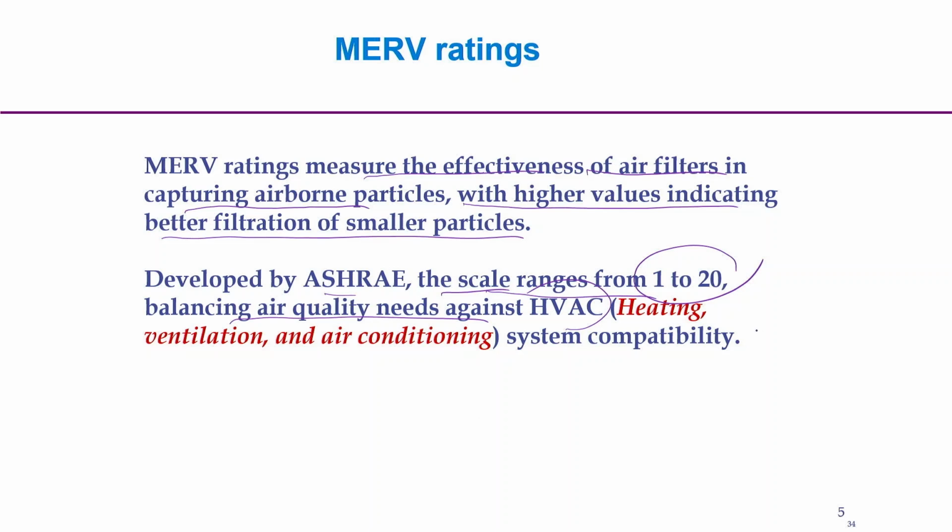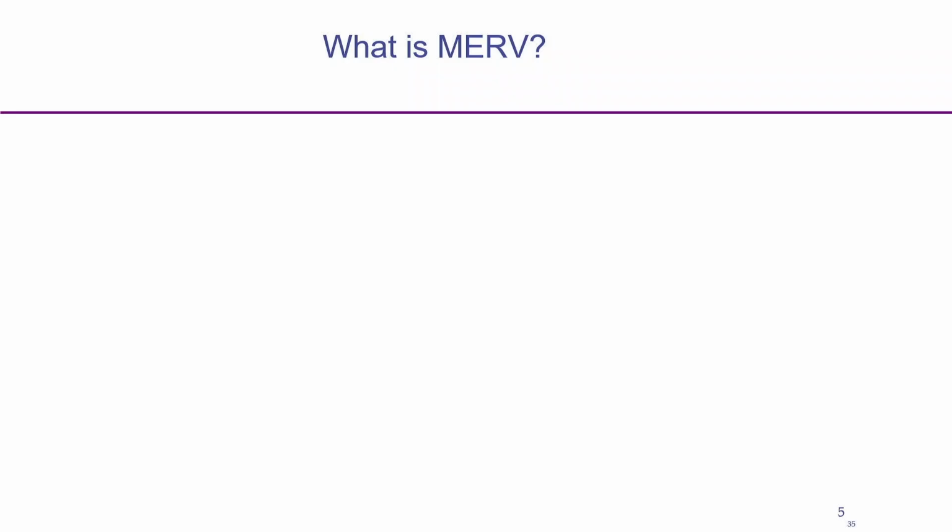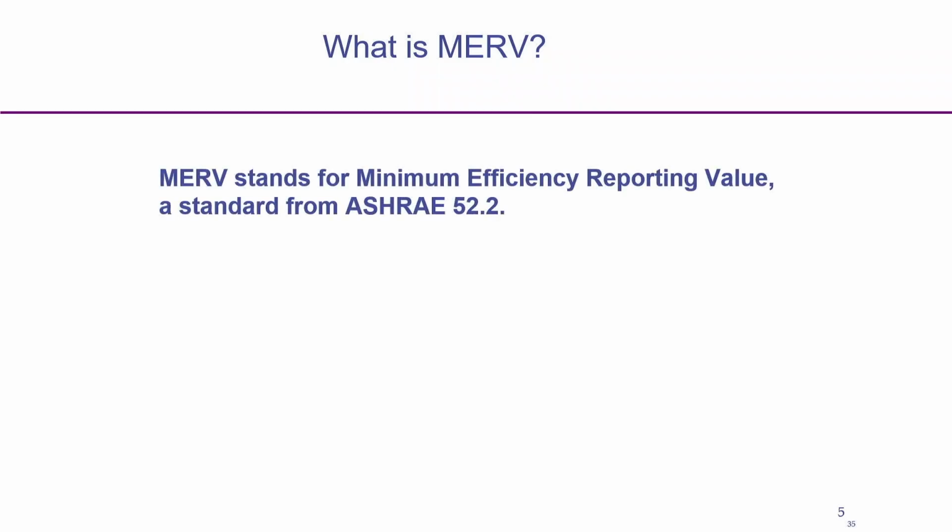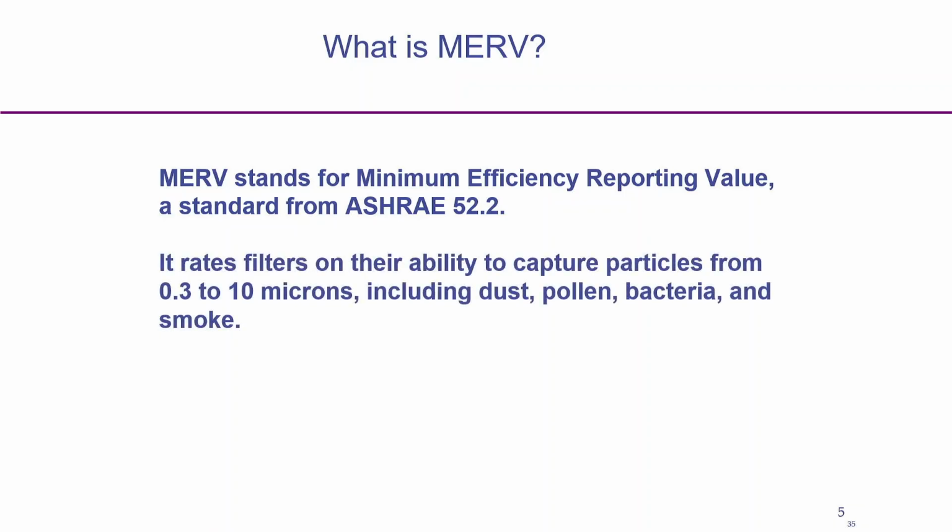This type of rating is used for HVAC filters. MERV is the minimum efficiency reporting value. As I have mentioned, it rates the filter on its ability to capture particles from 0.3 micron to 10 microns.